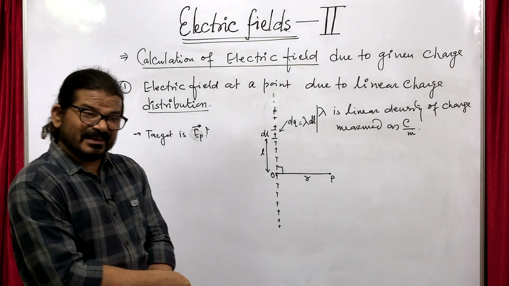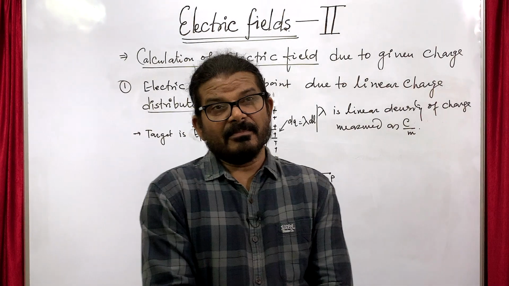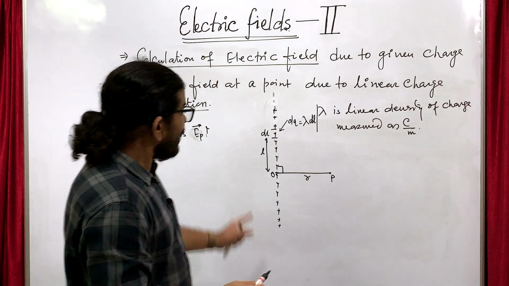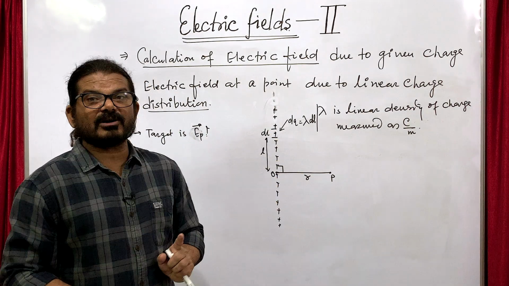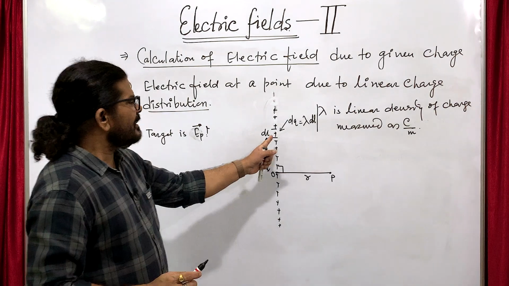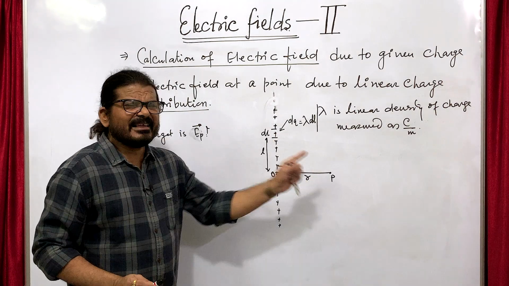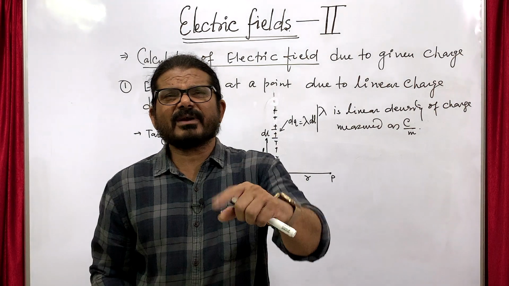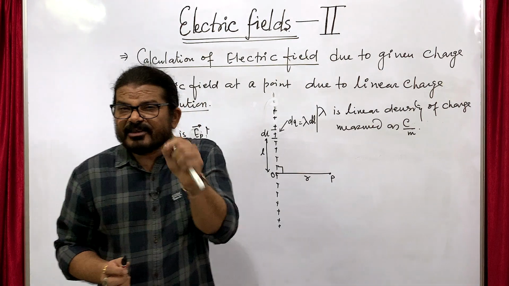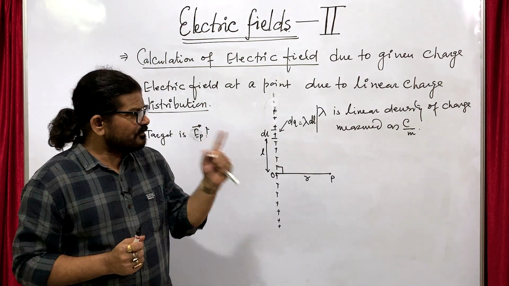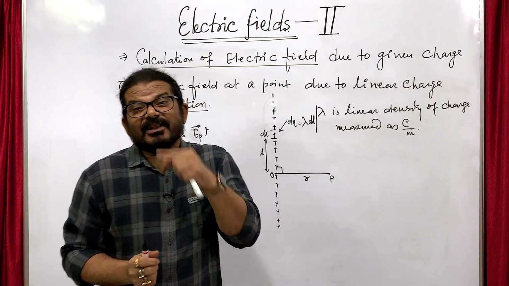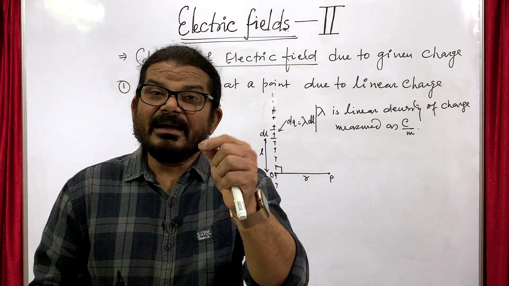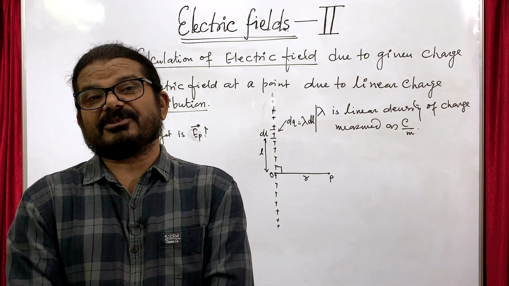Now, what is next? Next is joining the source charge, because here we are going to apply Coulomb's law, and here is the source charge, and P is the location where we want to calculate the electric field, and this point is the place where you have to put a unit test charge.